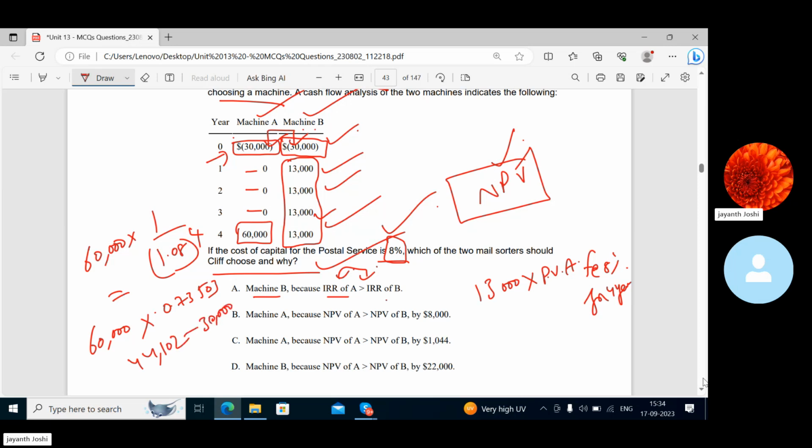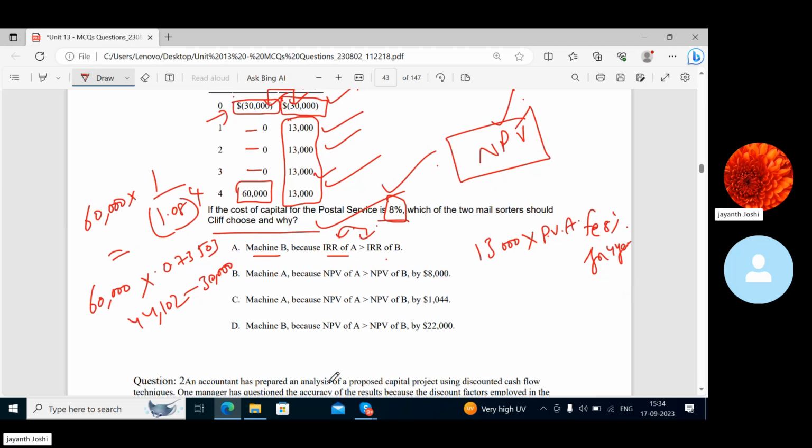The investment is 30,000. I'm removing the investment, and the NPV is the present value of cash inflows minus the present value of cash outflow. What's the difference? 14,102. Okay, and we will do that for Machine B: 13,000 into the annuity factor, which I think is 3.312.